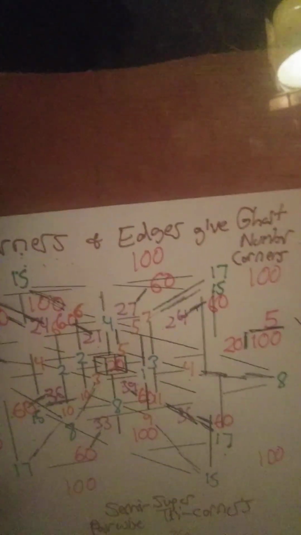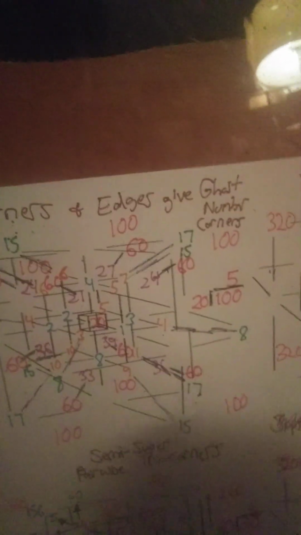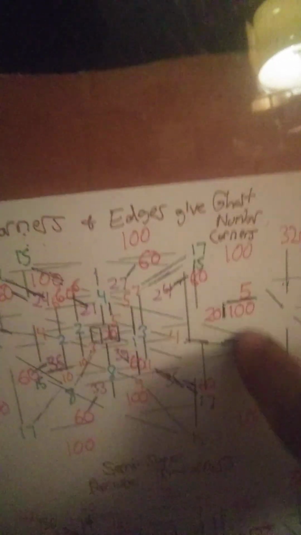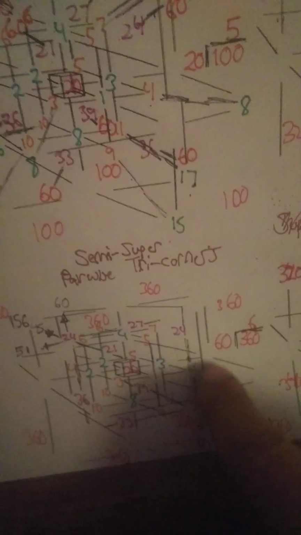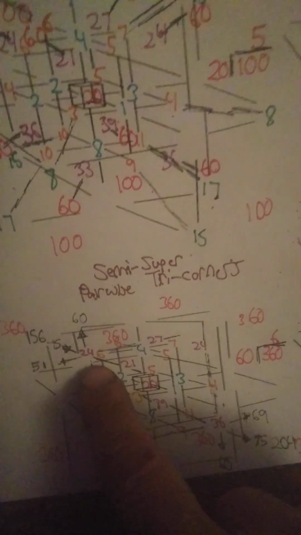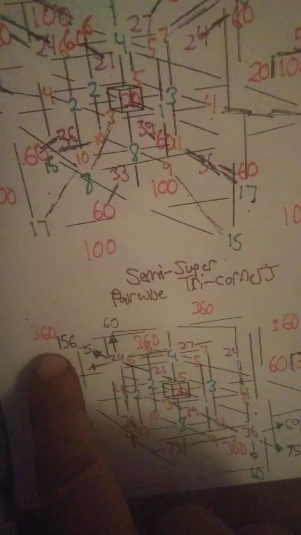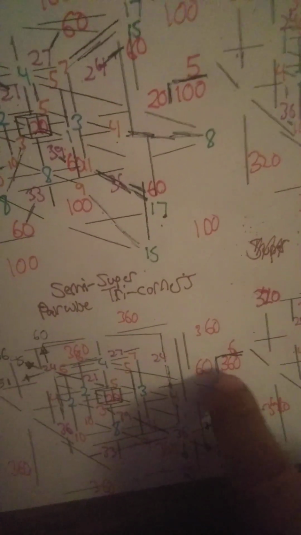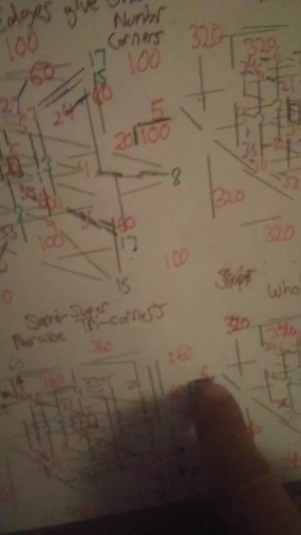And then the corners and edges return again, drops back down to 20, goes into 100 5 times, then it jumps back up to the hyper or semi-super pairwise tri-corners that make up the 360 on sides, and 60 goes into 360 6 times, and then the Circus Box entered ghost numbers and the secondary ghost numbers combined.